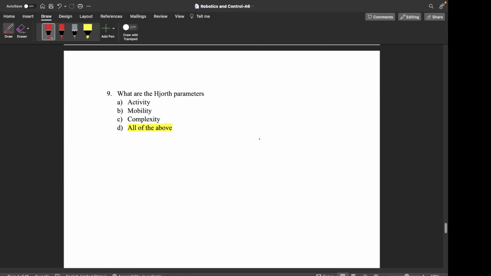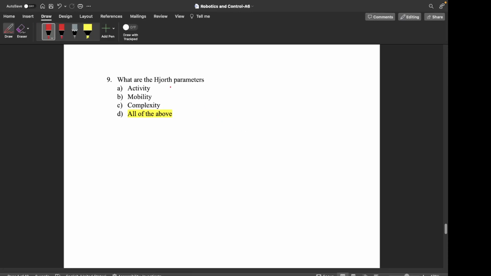Now the next is, what are Hjorth parameters? I'm not sure about the correct pronunciation of this. So basically Hjorth parameters are used in signal processing, basically getting features from signals in the time domain.